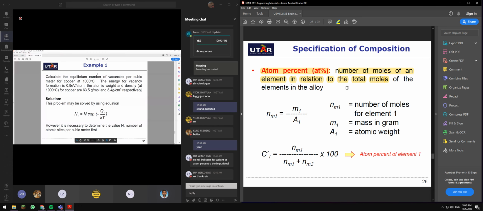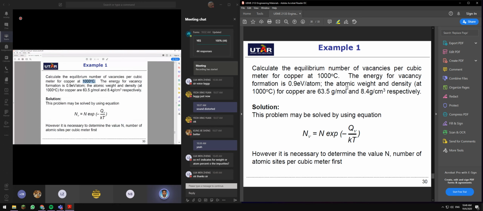Calculate the equilibrium number of vacancies per cubic meter for copper at 1000 degrees Celsius. This is about impurities of solids. From the previous lecture, the energy for vacancy formation is 0.9 eV per atom.